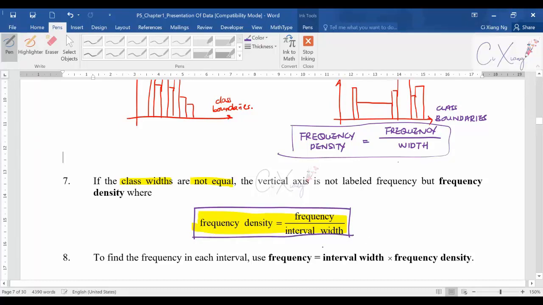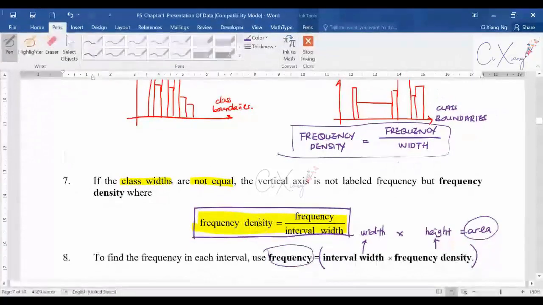Just now I told you already, the frequency density is like the height, and the width is the width. So when you have width multiplied with height, it equals the area of a bar. So the area is actually proportional to the frequency. So for this formula, no need to purposely memorize it because it comes from here.